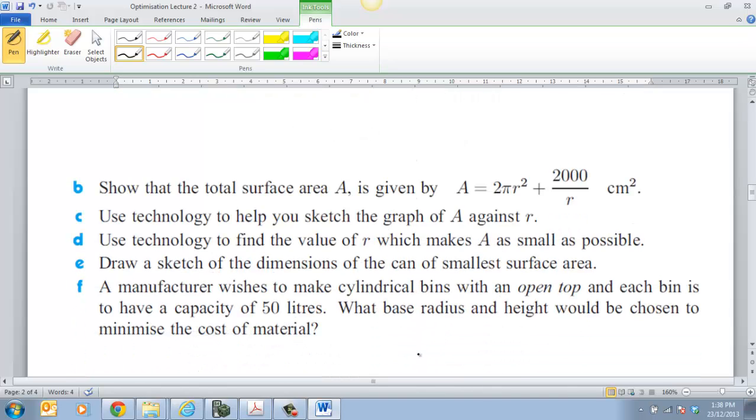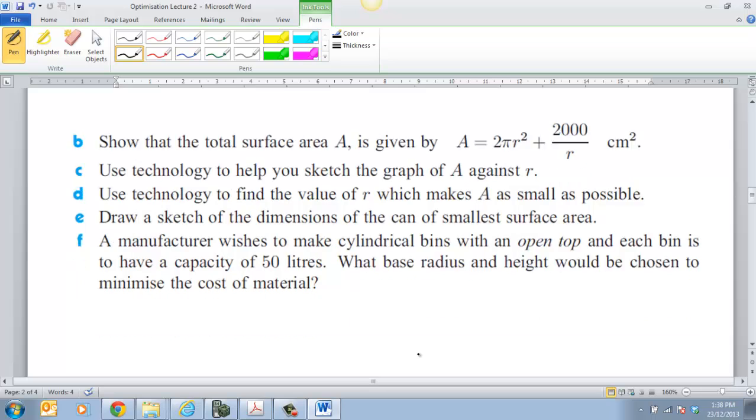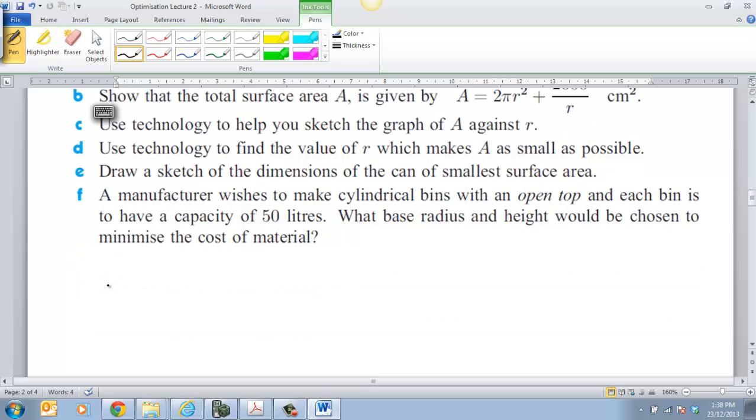It says show that the total surface area is given by this. So part B. We have to think about the surface area of my shape. My surface area is equal to 2 circles plus a rectangle.